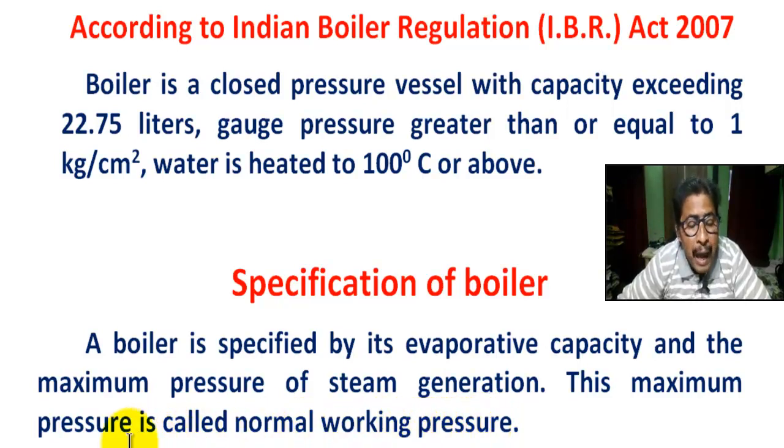Maximum allowable working pressure is the maximum pressure at which the weakest point of the equipment, system or vessel can handle.